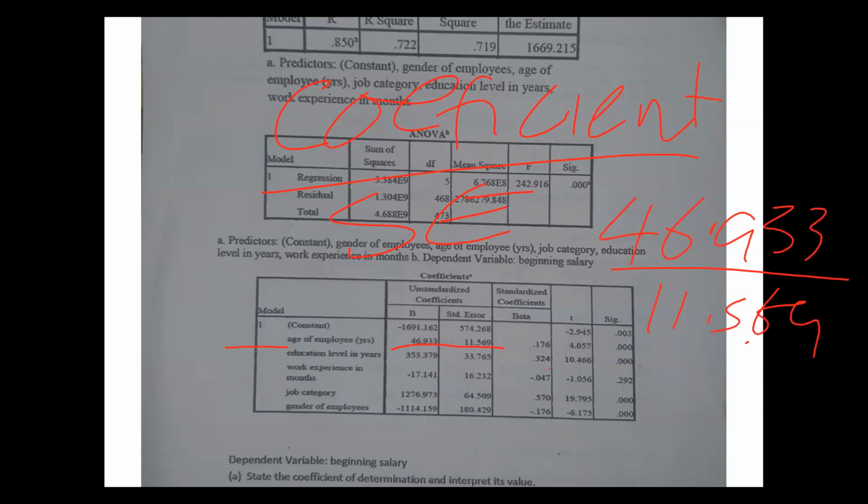What do you get as the t statistic? 4.05. Yeah, this is the figure that you get. It has already been calculated here. So that is one of the ways you use the standard error: to compute the t statistics.